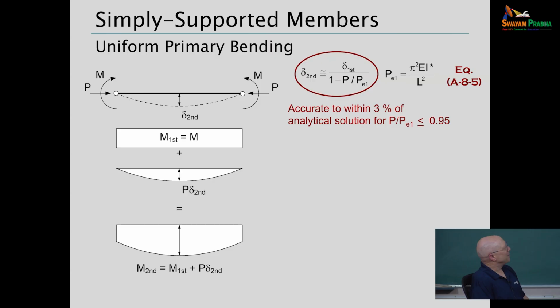Now, if we took a relatively deep dive into theory of elastic stability and started doing some derivations, we could show that the second-order deflection is approximated reasonably well by what we could get from a first-order deflection divided by 1 minus P over PE1, where PE1 is just the Euler load here.